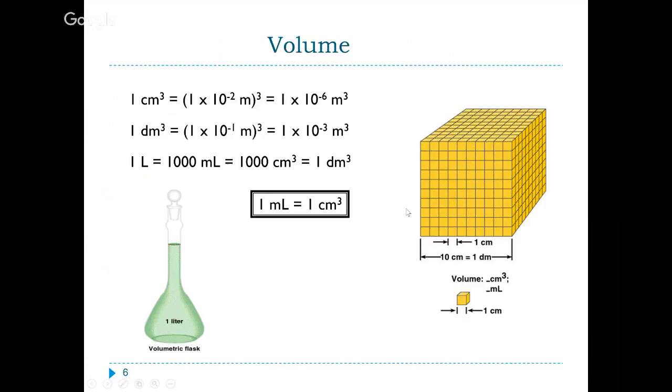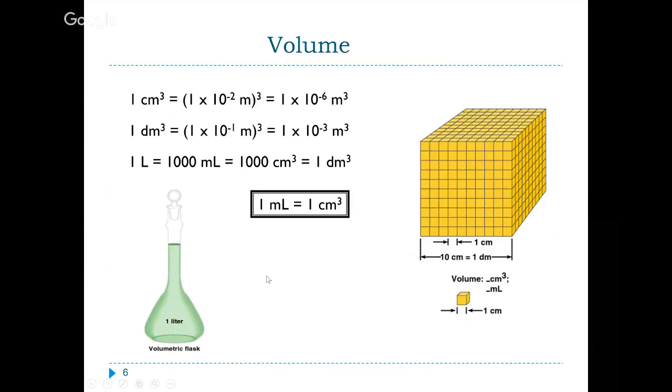There are effectively 100 centimeters in 1 meter, or a centimeter is 1/100th of a meter. That's what this 1 times 10 to the negative 2 means. We multiply our exponents, and we see that 1 centimeter cubed is the same as 1 times 10 to the negative 6 meters cubed, or 1/1,000,000th.